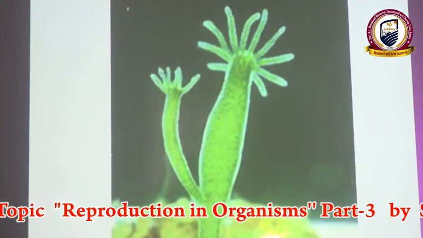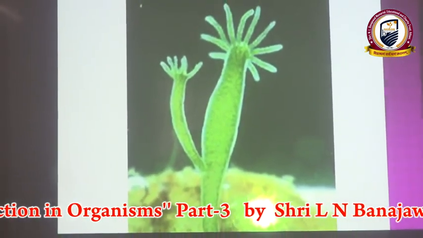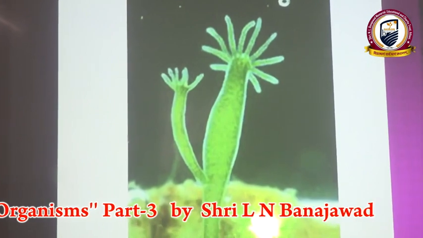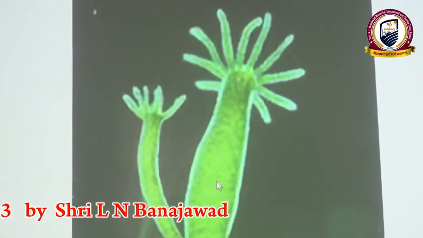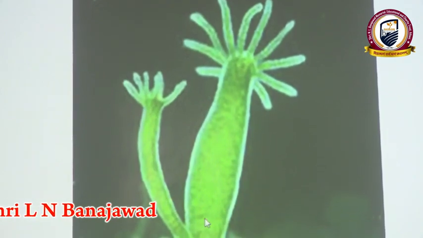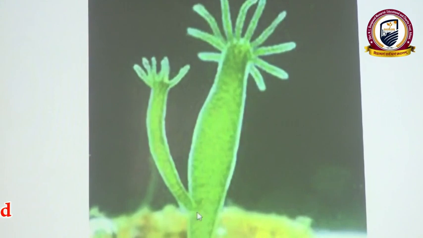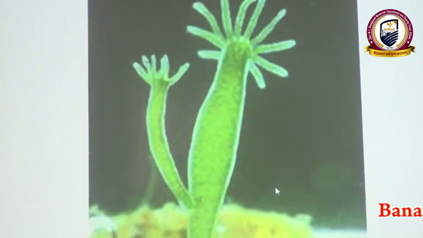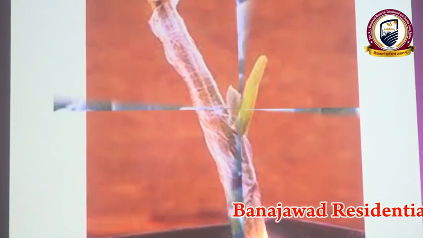Whereas this is the slide which shows us how in the case of hydra a bud is formed. First is the main animal body, which we call the parental body, which gives a small bud, loosely linked. If any mechanical disturbance takes place, at that time it develops into a new young one.